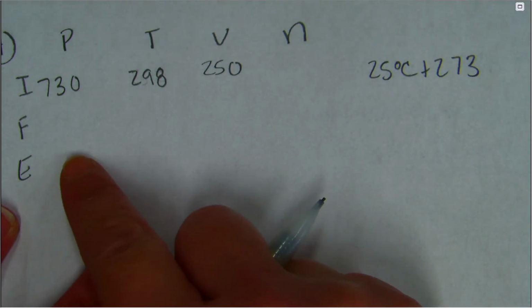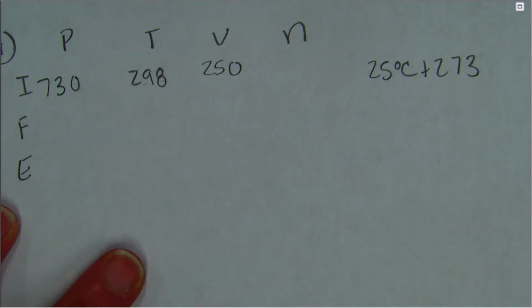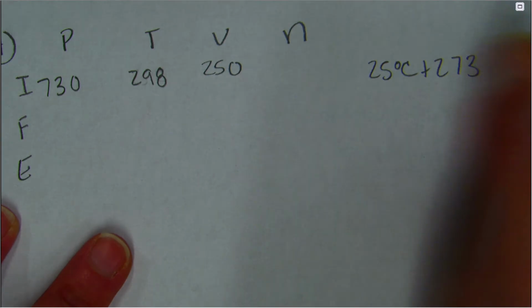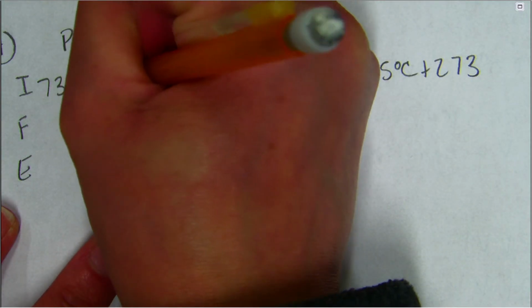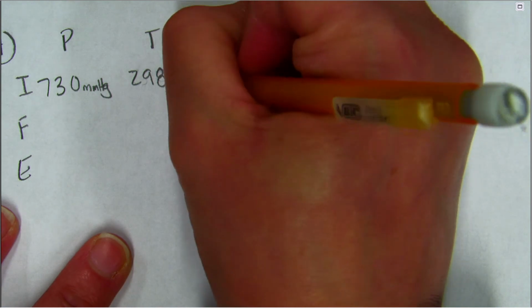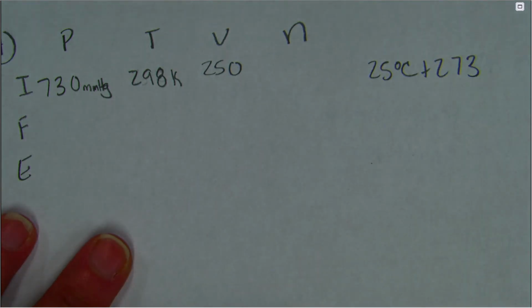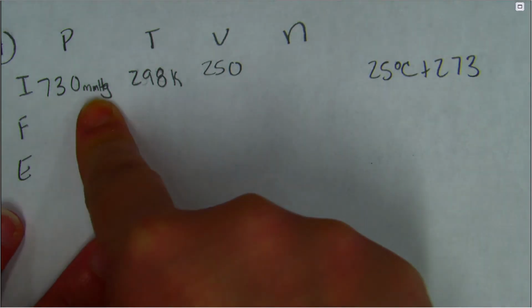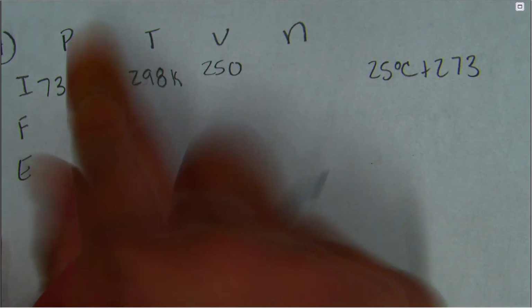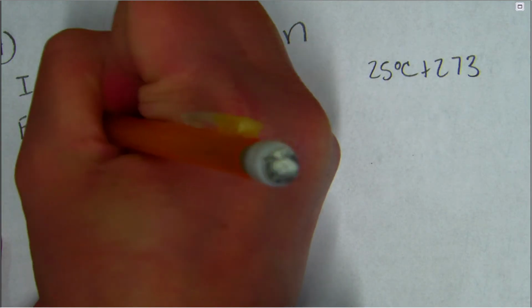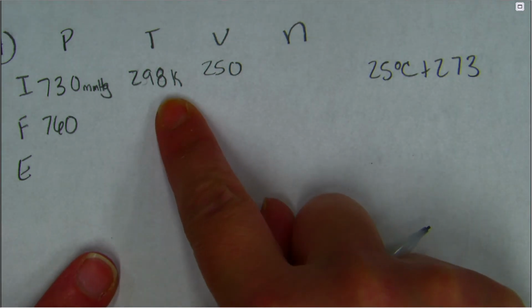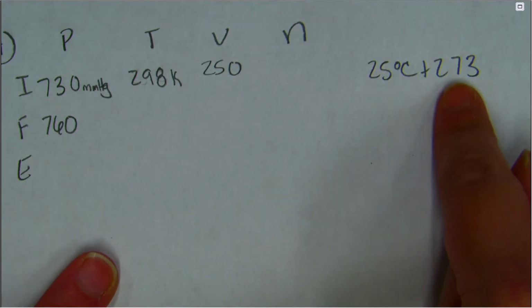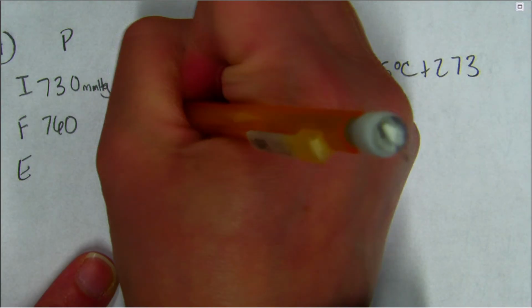And then it says we are changing to standard temperature and pressure. So if this is millimeters of mercury and this is my Kelvin, I need to go to standard. What is my standard for millimeters of mercury? 760. And what is my standard temperature in Kelvin? I added 273. That is my standard.